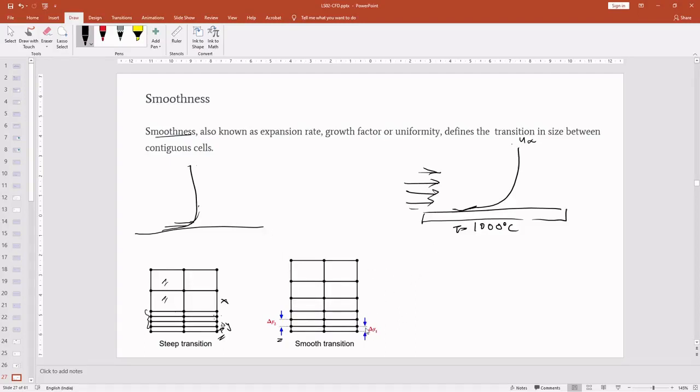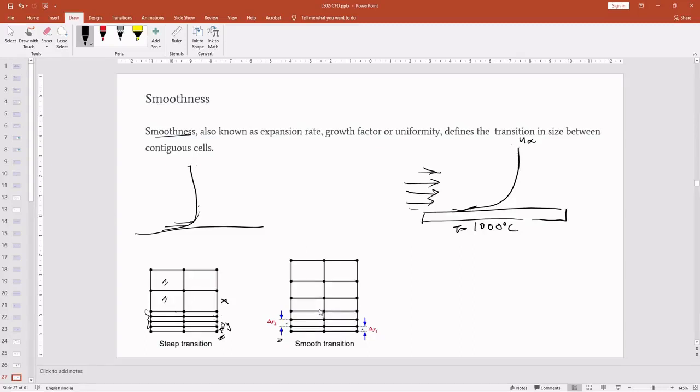If you see, the first layer has delta y1, and the next one is somewhat higher, but not too large, just a small increment to delta y1. So delta y2 is somewhat larger, but not too large. It gradually increases in height.